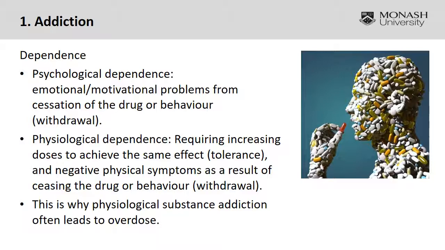And this is why some individuals who have a substance addiction might have some really severe consequences if they try and return to the same level of use after a period of withdrawal.